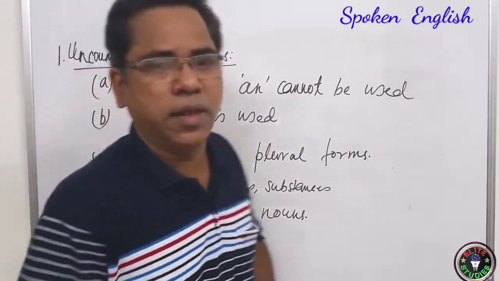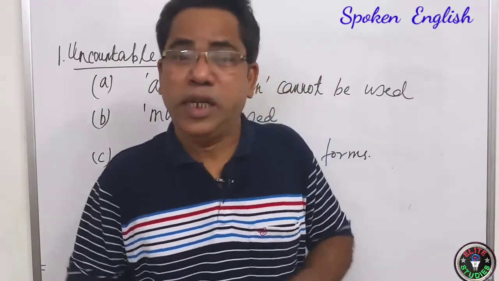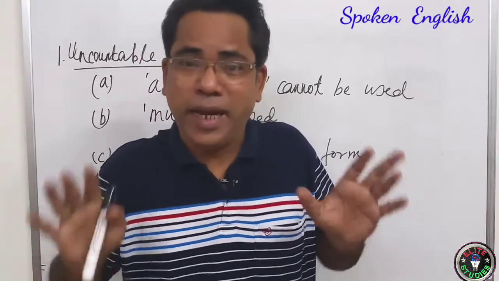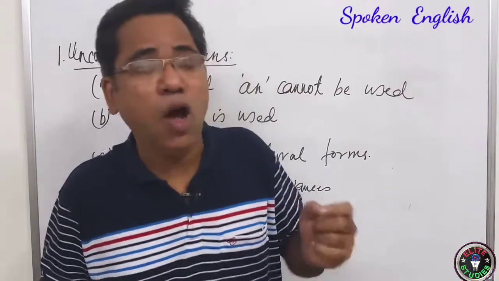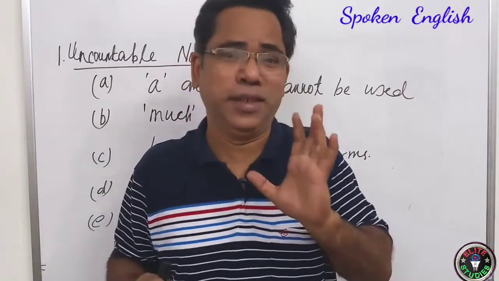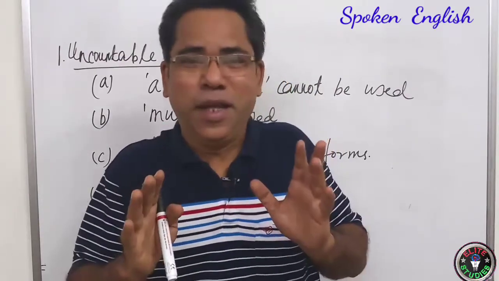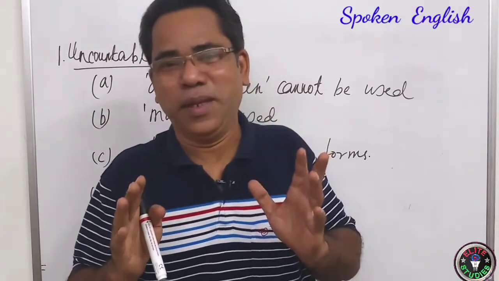Dear friends, I hope you have understood it. It is very important from the spoken English point of view. Again and again I tell you, you cannot say, give me 2 sugar, or how many sugars are there in the pouch. It is very, very wrong. If you say this type of English, you will be in a very embarrassing position.